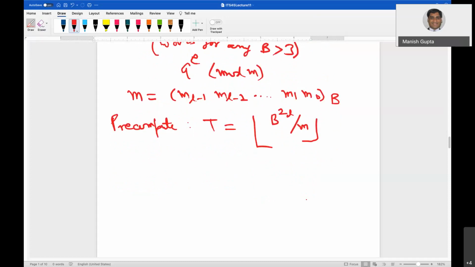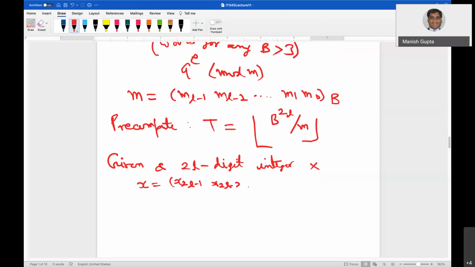So given a 2l digit integer x = x_{2l-1}, x_{2l-2}, ..., x_1, x_0 in base B, when multiplying two elements of Z_m, integers modulo m, because we are working with integers modulo m, and the pre-computed T, we can improve the algorithm.